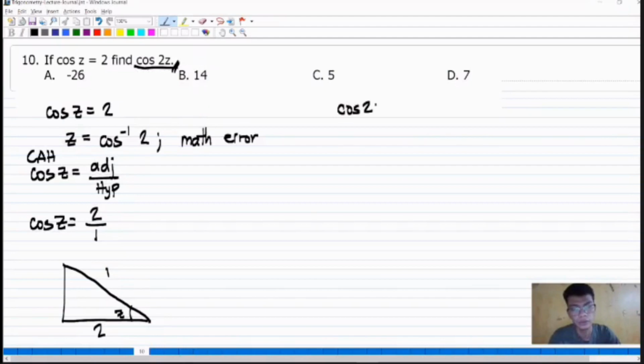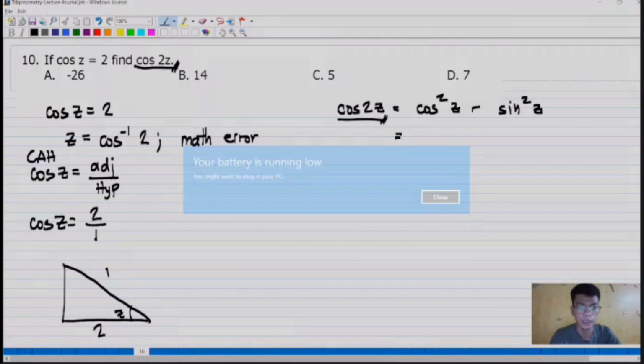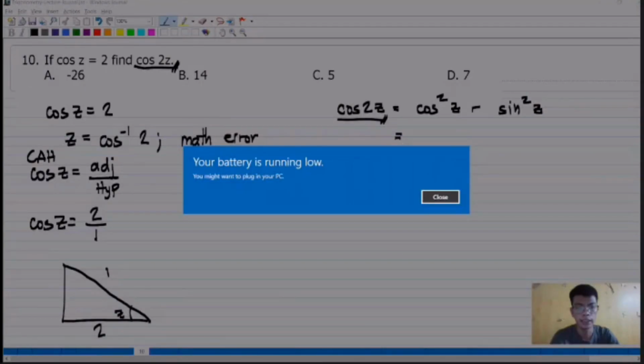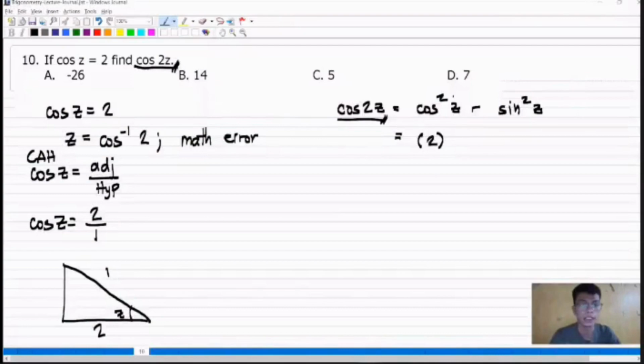That cosine 2z is equal to cosine square z minus sine square z. Alam natin that cosine z is 2 from the given, and naka-square yan. So, 2 square minus sine square z.